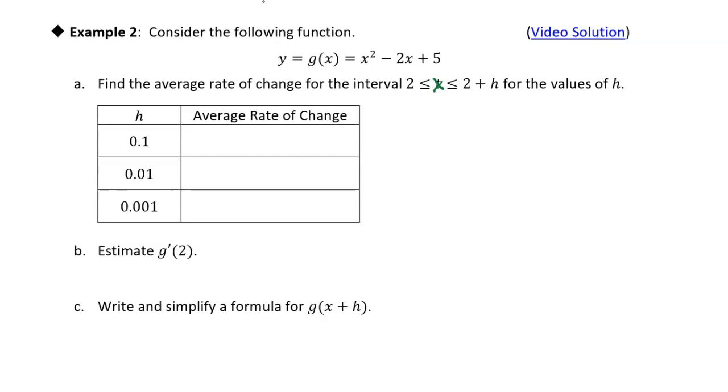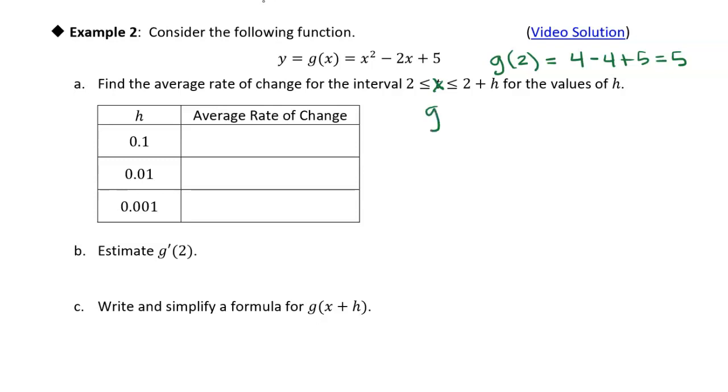This first interval, we're looking at the average rate of change from 2 to 2.1, 2 to 2.01, 2 to 2.001. So I need to calculate the average rates of change, and I can just plug those values into the formula to find it. I know that g of 2 is equal to 4 minus 4 plus 5, so that's just equal to 5.